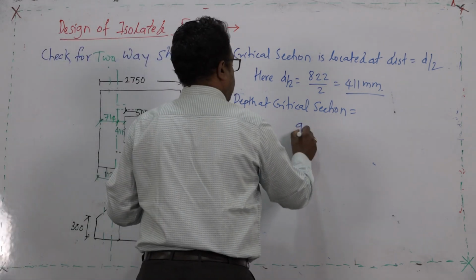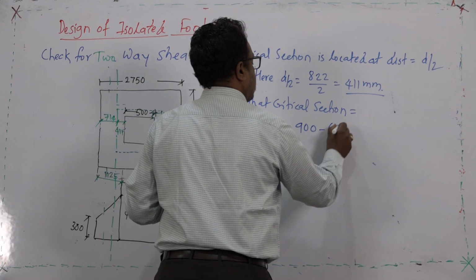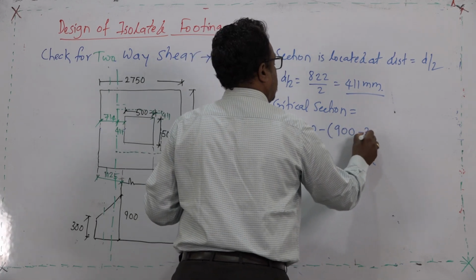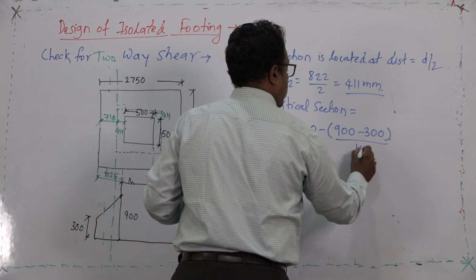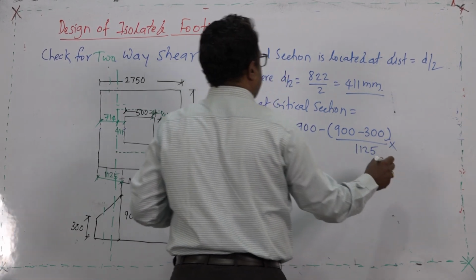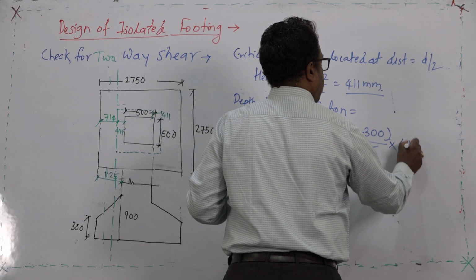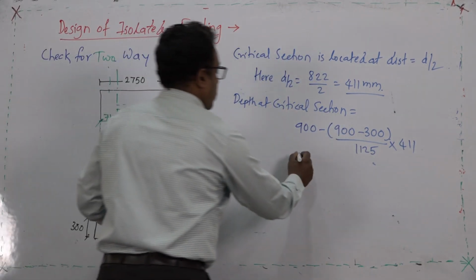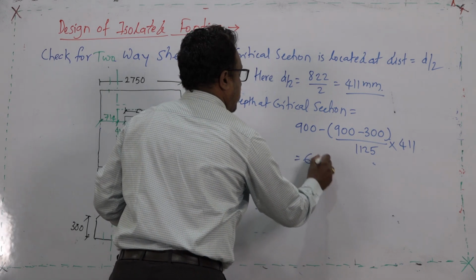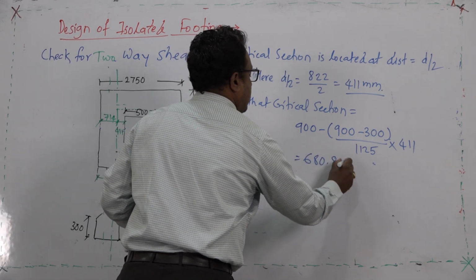So, this is 900 minus 300 divided by 1125, and this is multiplied by 411 from the face of the column. This comes to be 680.8 mm.